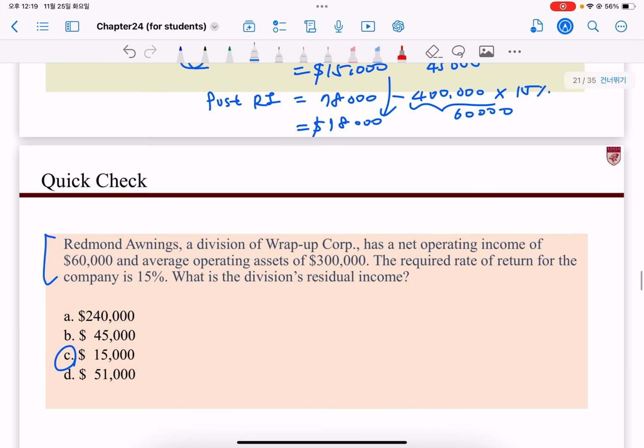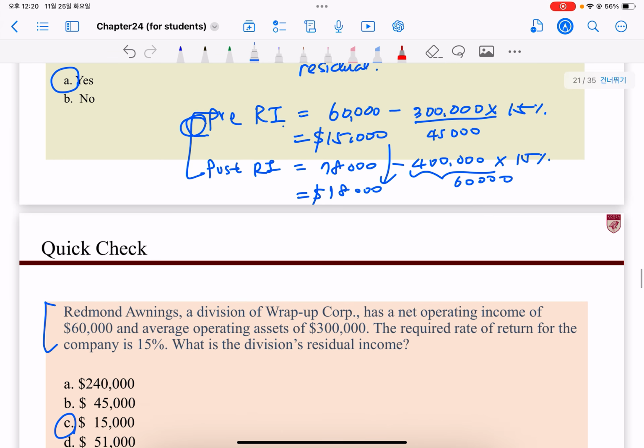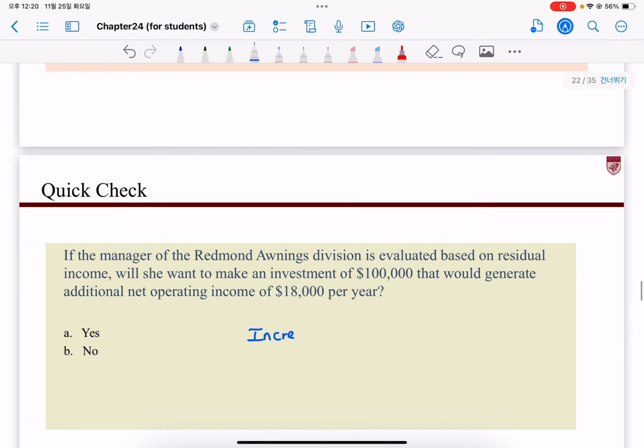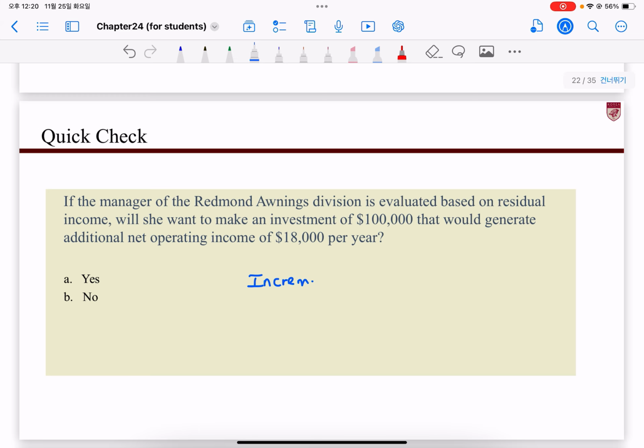So instead of doing pre-RI versus post-RI, you can only use the incremental income and incremental investments. So here it can be 18,000 minus the $100,000 times 15%. So $3,000 in incremental residual income. So again, yes.